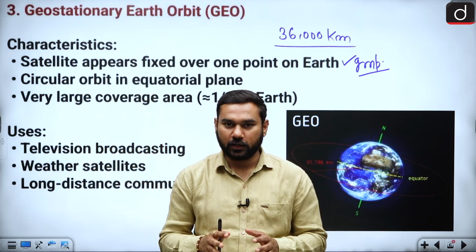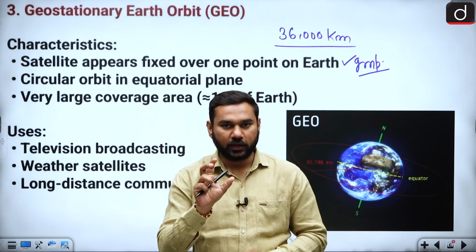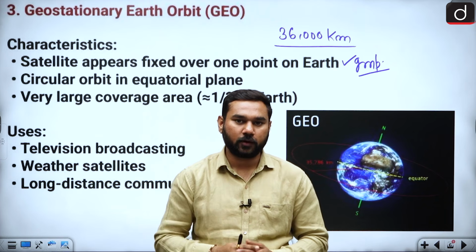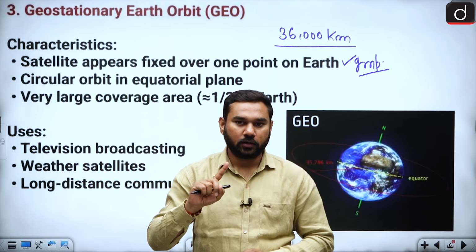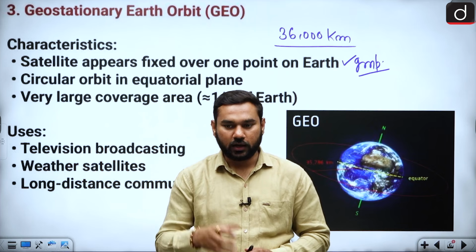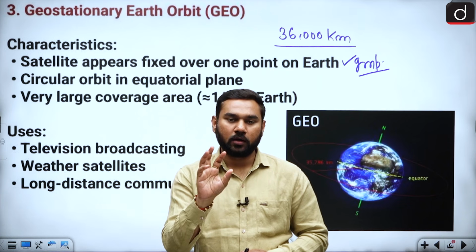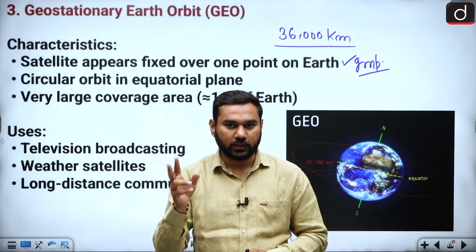And you might know that Earth also revolves on its own axis in 24 hours. So the satellite completes one rotation in 24 hours, and Earth also rotates in 24 hours. So both are synchronous to each other.